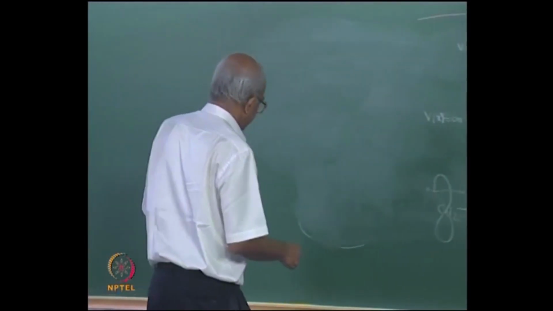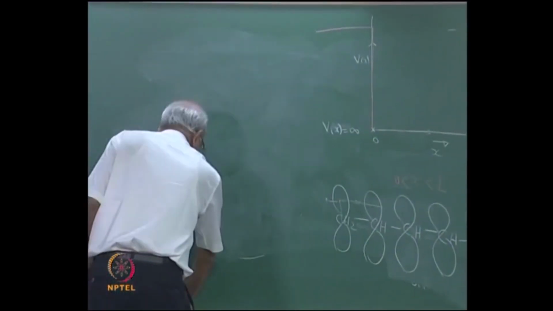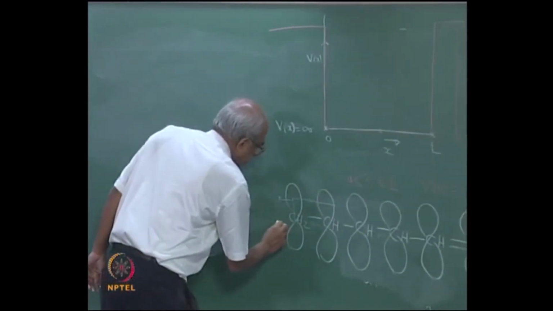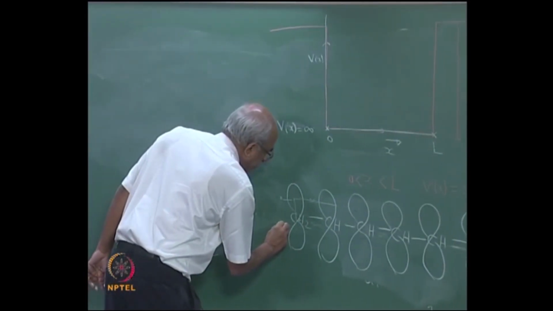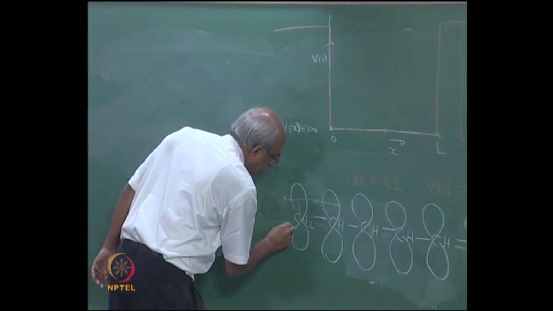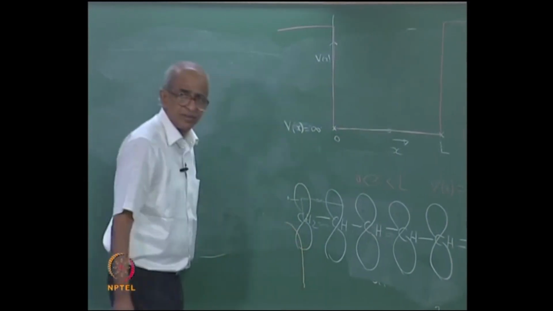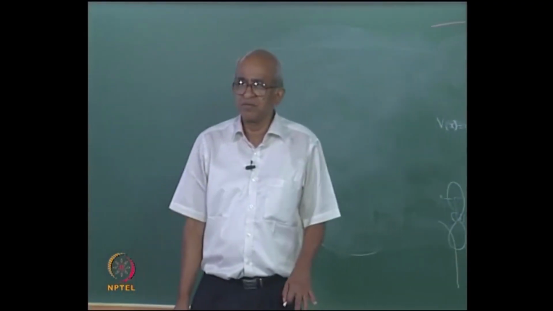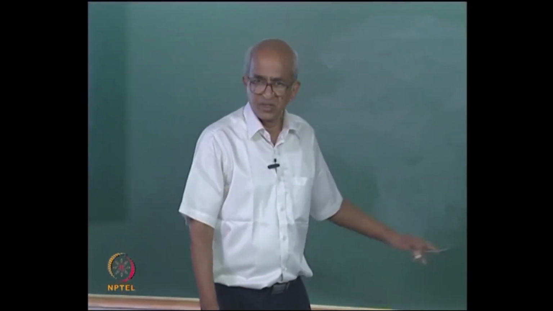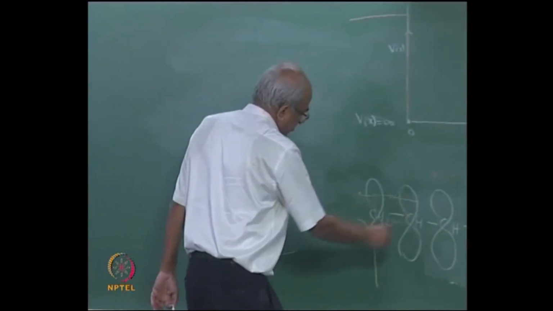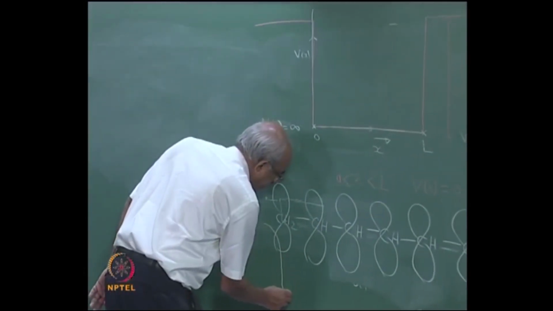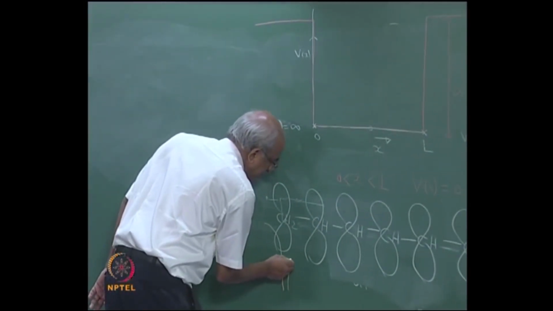So, if you plotted the potential energy as a function of the position of the electron, the potential energy will start decreasing. At the nucleus itself, it will reach a very large but negative value. Then as it moves further, the potential energy will actually increase.